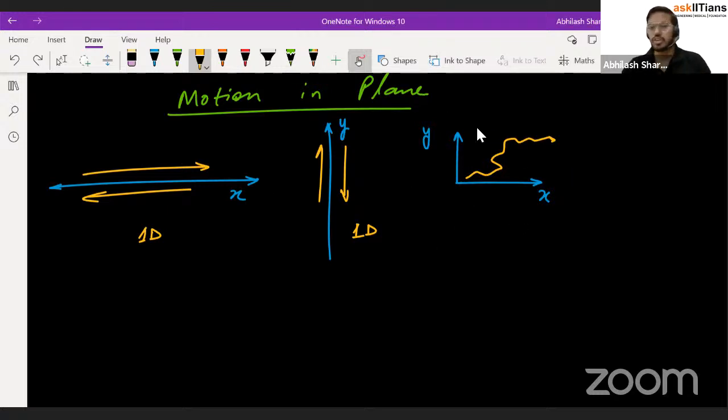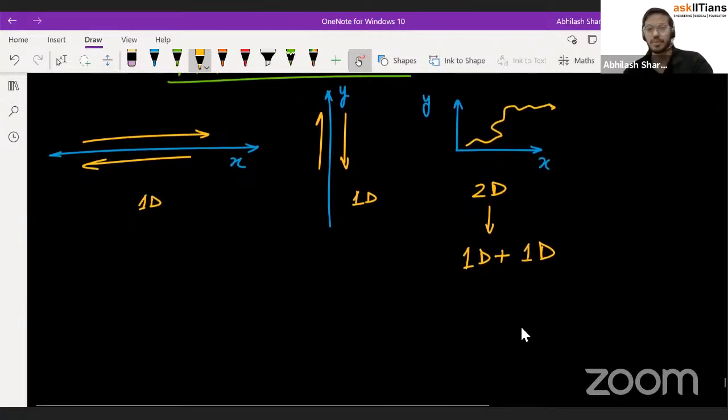Even if you are given a 2D motion, just break it into two 1D motions. And the moment you break it into two one-dimensional motions, how to solve one-dimensional motion, that you already know. That's what we have learned, isn't it? So every 2D motion will be broken into two one-dimensional motions, and we're going to solve it.